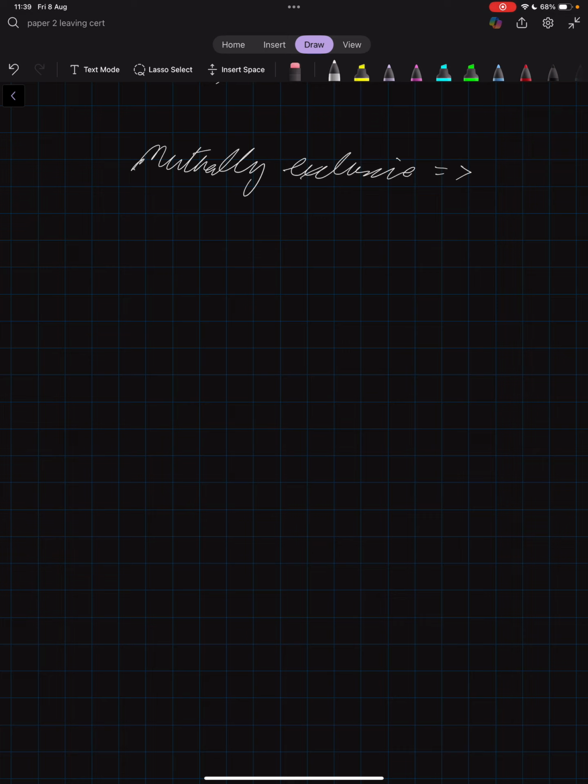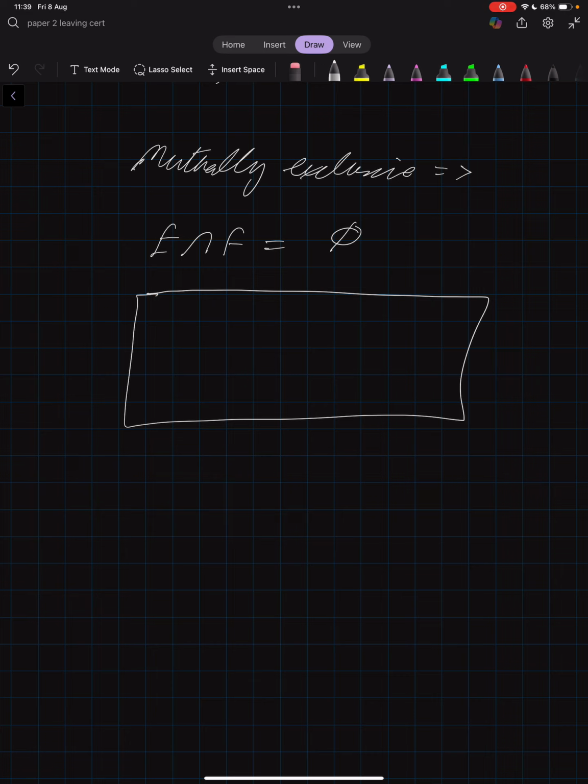That basically means that they can't happen together. So E intersection F is just equal to the null set. So it just can't happen. That's all. So if we look at the probability of E and F happening, you'd basically have E being over here and then F would just be over here. So there's no chance that they'd happen together.